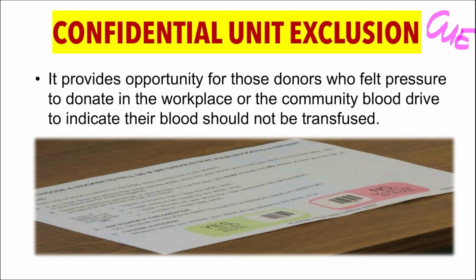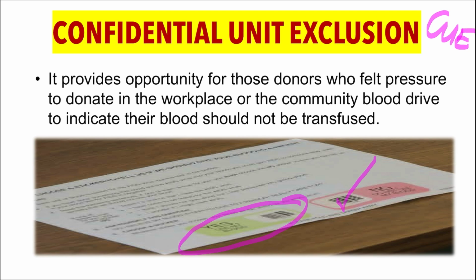For example, there is a blood drive in your workplace, and you know your sexual practices, so you think that it's not safe at the moment for your blood to be transfused. This is the purpose of CUE, so you can actually state if your blood can or cannot be transfused.